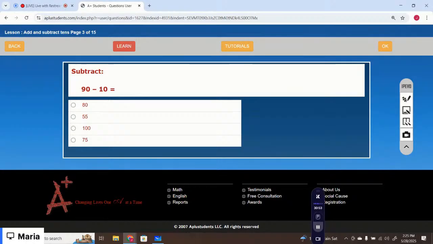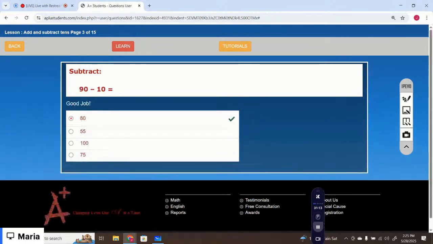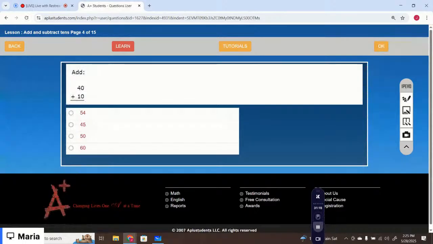Subtract 90 minus 10, so which is the correct option? That is 80. Option number 1 is the correct option. The correct option is 80. Option 1 is the correct option. 40 plus 10, which is the correct option?